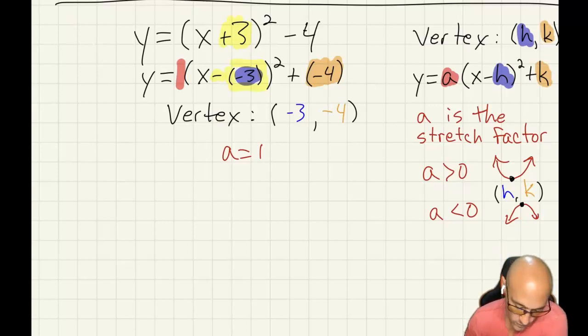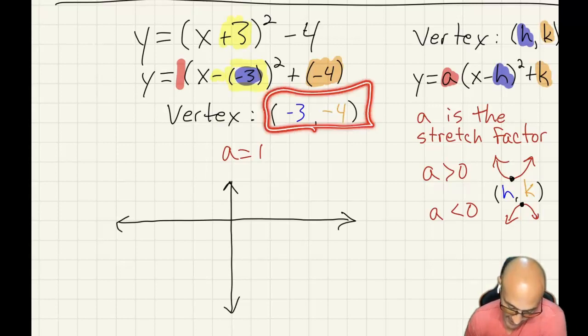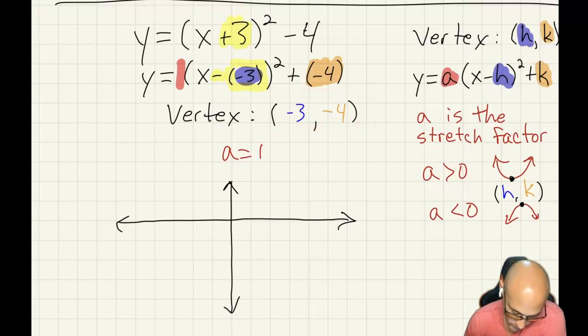So if we're going to graph this, just do a quick sketch of the graph. Then our vertex is at negative 3, negative 4. Negative 1, 2, 3. Negative 1, 2, 3, 4.